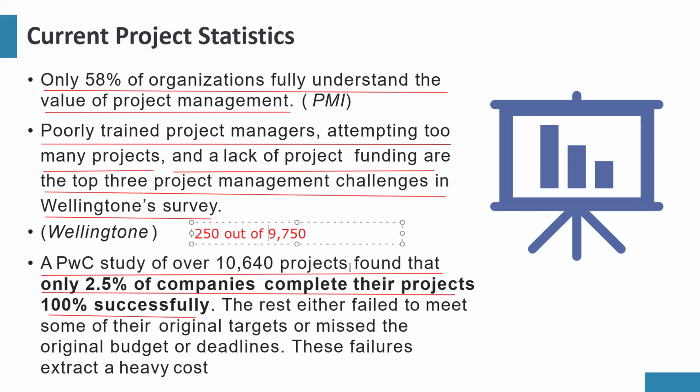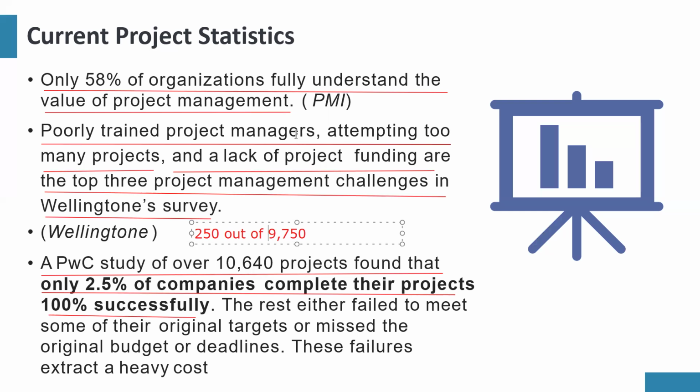So some of them do not complete the project. In fact, maybe many of them. Some of them miss the scope of the project. Some of them delay, the project finishes very late. Some of them, the budget goes up. So you can see that there's a need to be able to get projects under control.